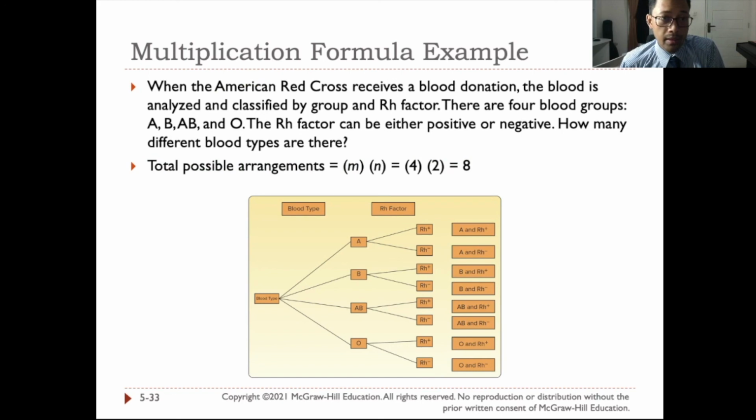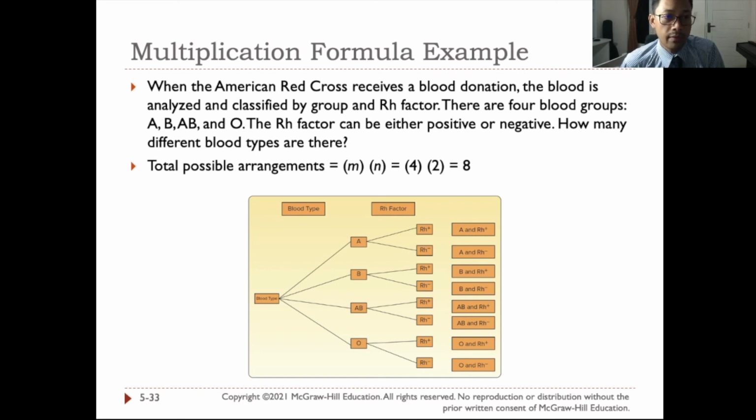Now this is an example of the multiplication formula. When the American Red Cross receives a blood donation, the blood is analyzed and then classified by group and RH factor. There are 4 blood groups, A, B, AB, and O, and the RH factor can be positive or negative. Now, how many different blood types are there? Basically, there are 4 blood groups and 2 RH factors.